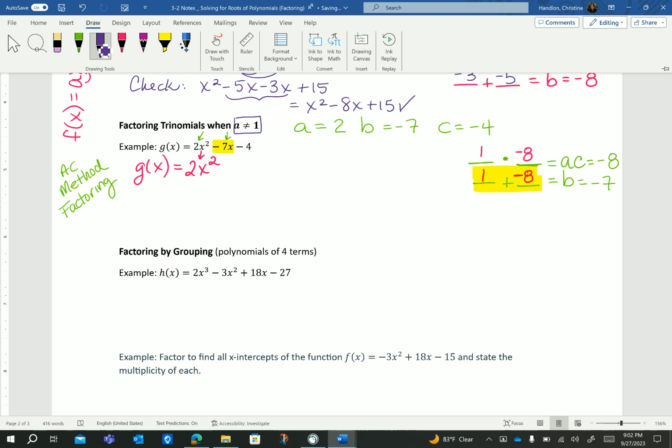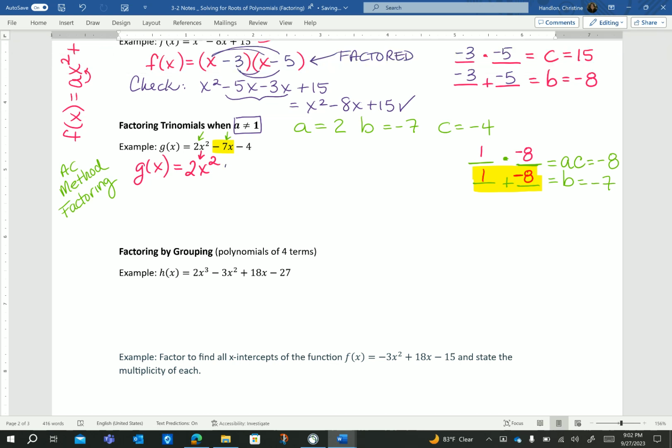So 2x squared, -7 is going to be a +1x and minus 8x minus 4. Okay, so this 1x and -8x came from that yellow.